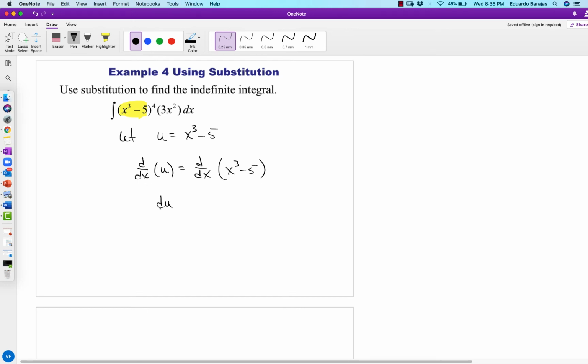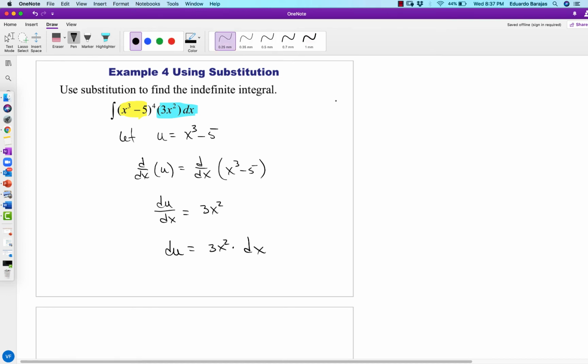This becomes du/dx equals 3x squared minus 0. And then du equals 3x squared times dx. Good. Okay, so then that right there, all of it, let me highlight it, all of this, including the dx, is my du. So I'm ready for my substitution.